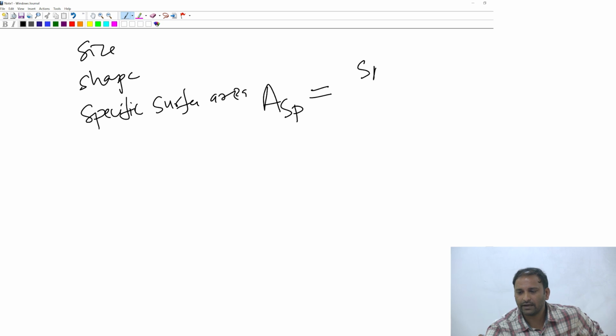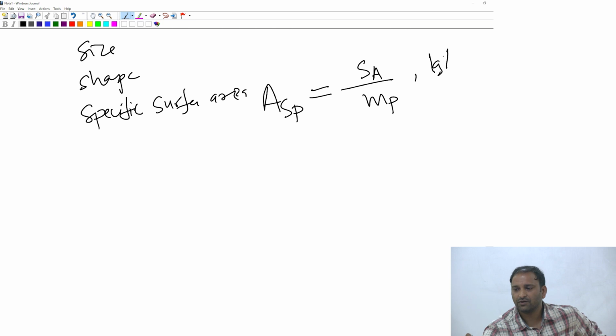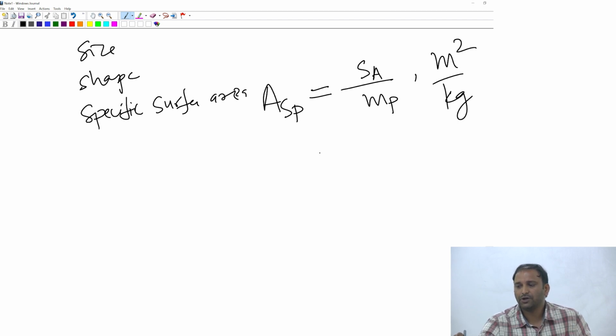It is basically defined as the surface area of a particle divided by the mass of the particle. It has units of meter square per kg, right.